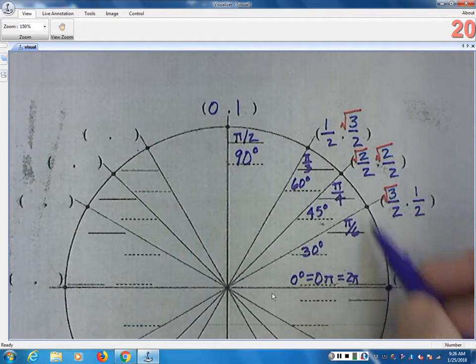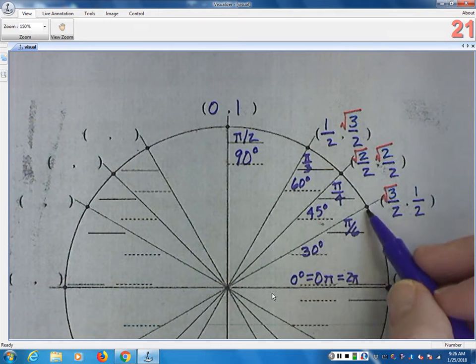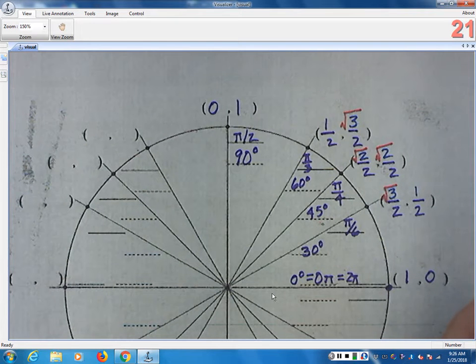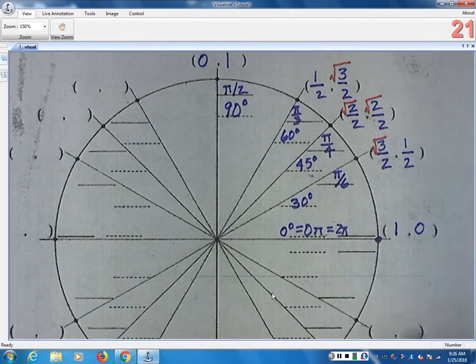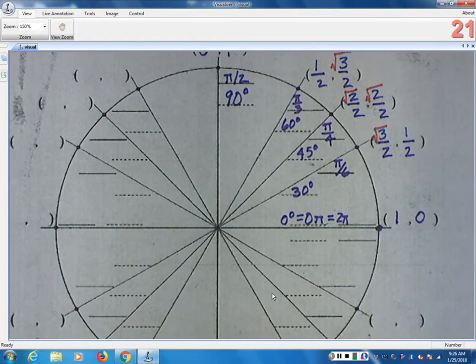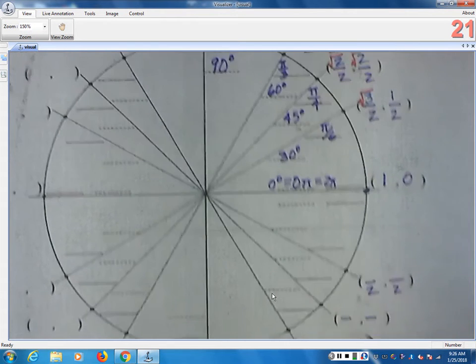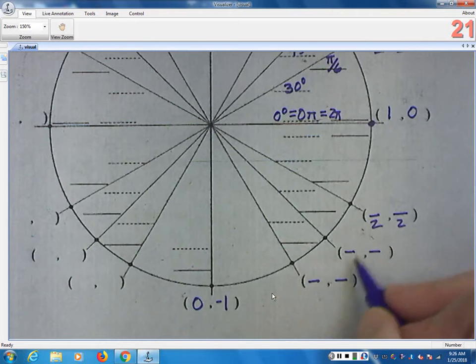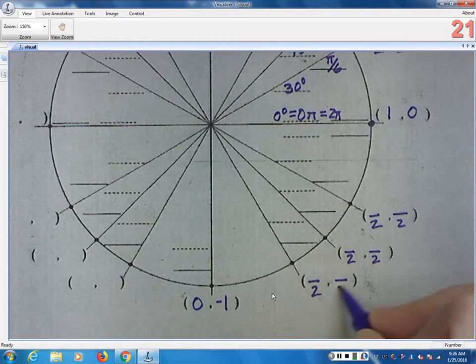If you're in quadrant 4, we can just add the right negative signs in. And this is 0, -1. So we're going to be dividing all these by 2 again. 2, 2, 2, 2.